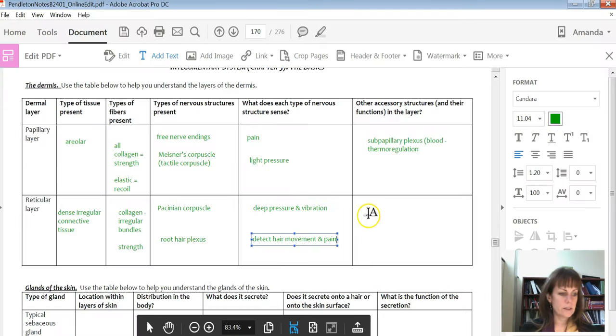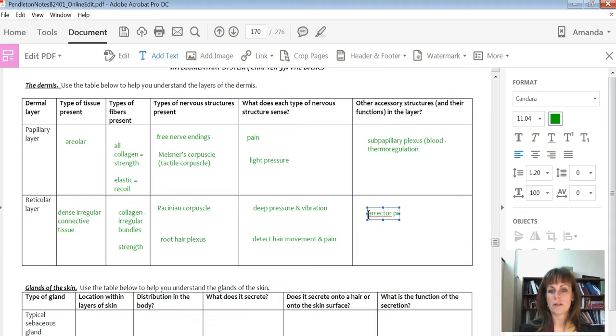And then finally, some of the final structures: we have the erector pili muscle, and then we are also going to have glands, and we're going to go more into depth about these glands. The bulk of the glands are in the reticular layer.